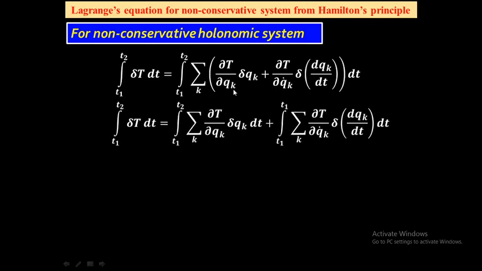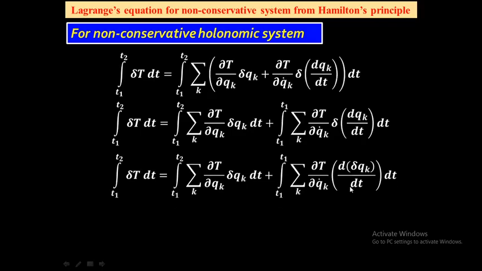So integral from t1 to t2 summation over k of del T by del qk into delta qk dt, plus integral from t1 to t2 summation over k of the second term, del T by del qk dot into delta of dqk by dt, dt. Now we can take this delta inside the differentiation, so the first term stays as it is, and we bring the delta inside the differentiation: d by dt of delta qk.